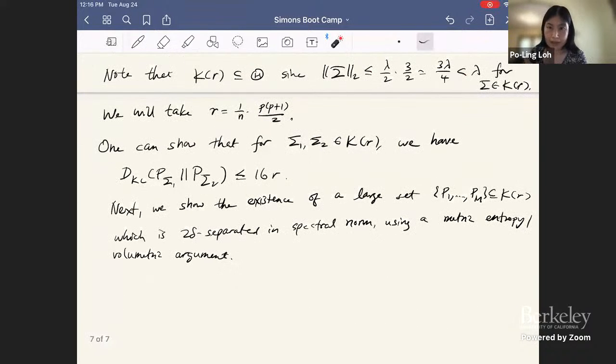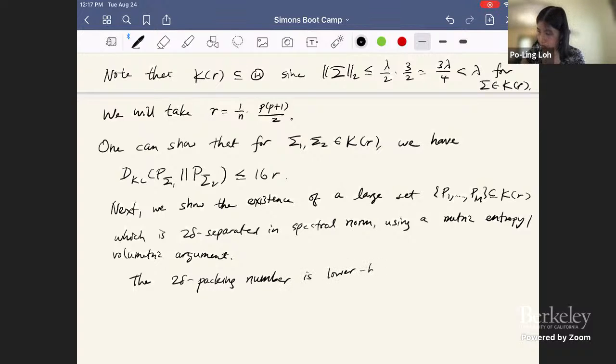Okay, and here again, I'm not going to say too many details. So here are a few facts. The two delta packing number is lower bounded by the two delta covering number.